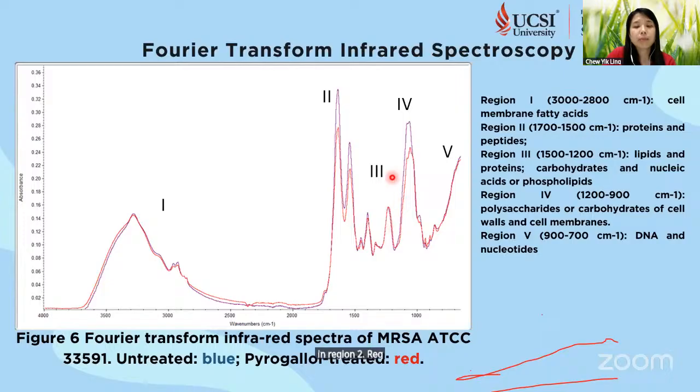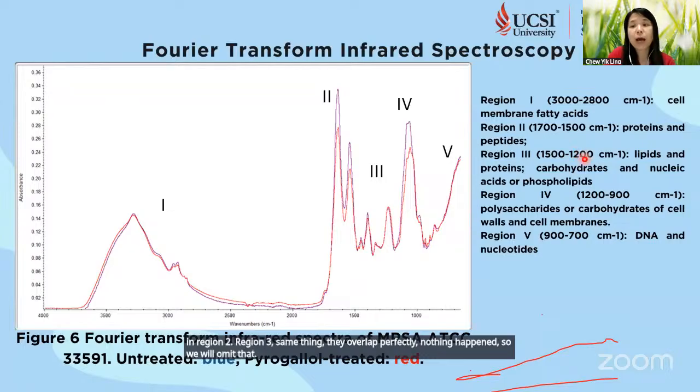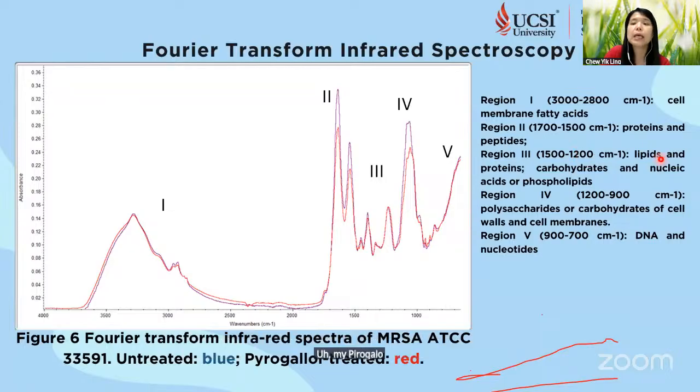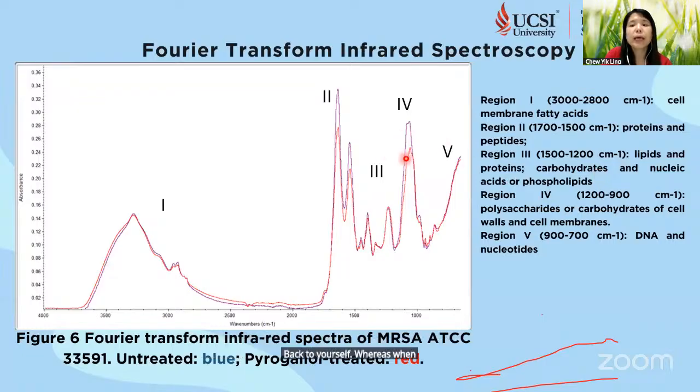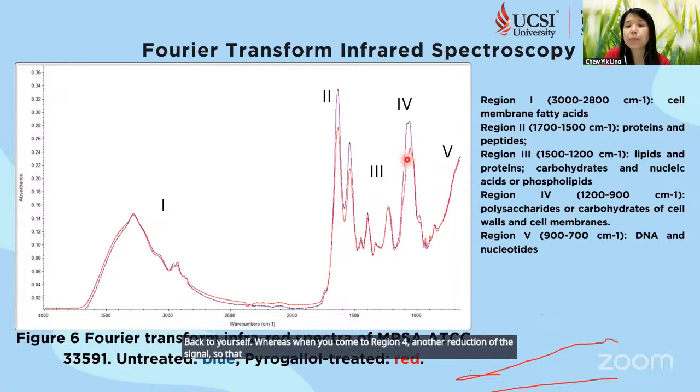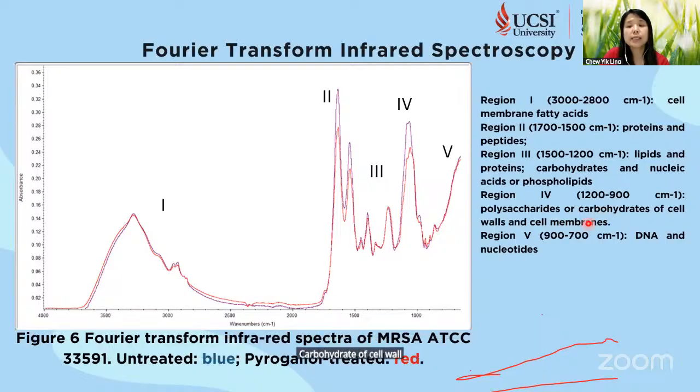Region 3, same thing, they overlap perfectly, nothing happened. So we conclude that pyrogallol is not affecting the lipid, protein, carbohydrate, and nucleic acid or phospholipid of the bacterial cell. Whereas when you come to region 4, there is another reduction of the signal. That shows that pyrogallol is attacking the polysaccharide, carbohydrate of the cell wall, and also the cell membrane.